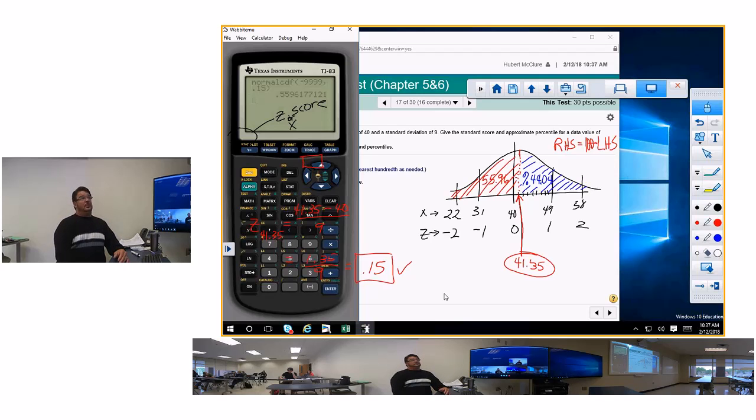See? Calculator puts it in 4 digits. 55.96%. Normal CDF, parentheses. Infinity, think of it as 9999. You could put 999, you could put 9999, you could put 999999999 if you want to. It's going to give you the same answer.